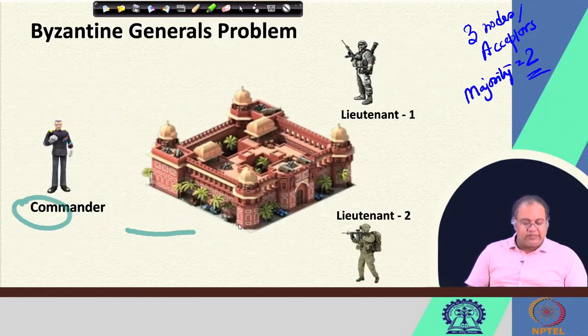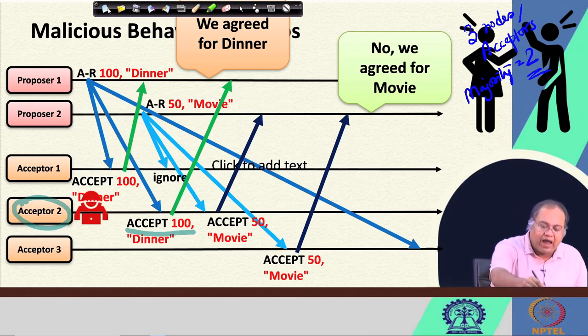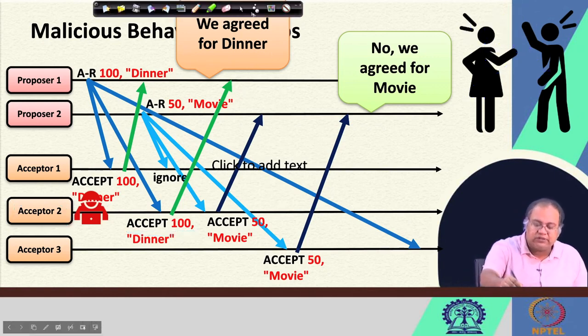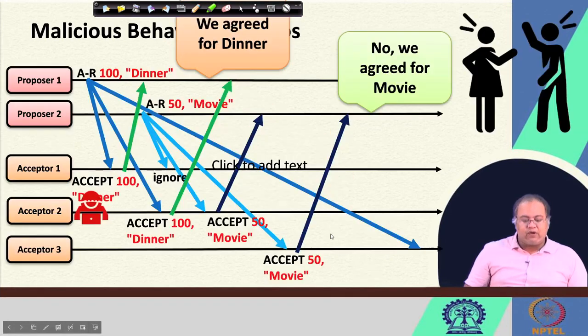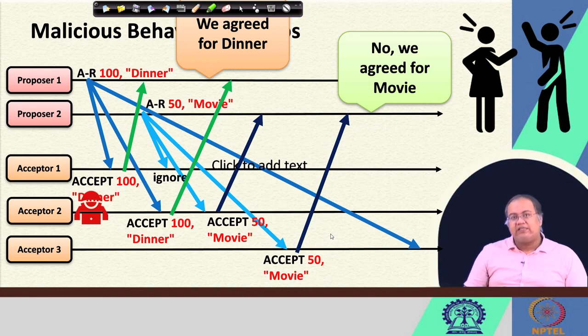So, what we see is that when you have faulty nodes in your system, and those faulty nodes show what we call malicious behavior, they violate the regular protocol and start to send messages they are not supposed to send. It was supposed to ignore the message, but rather than ignoring it, it keeps on sending replies, and that can create problems in the case of Paxos.